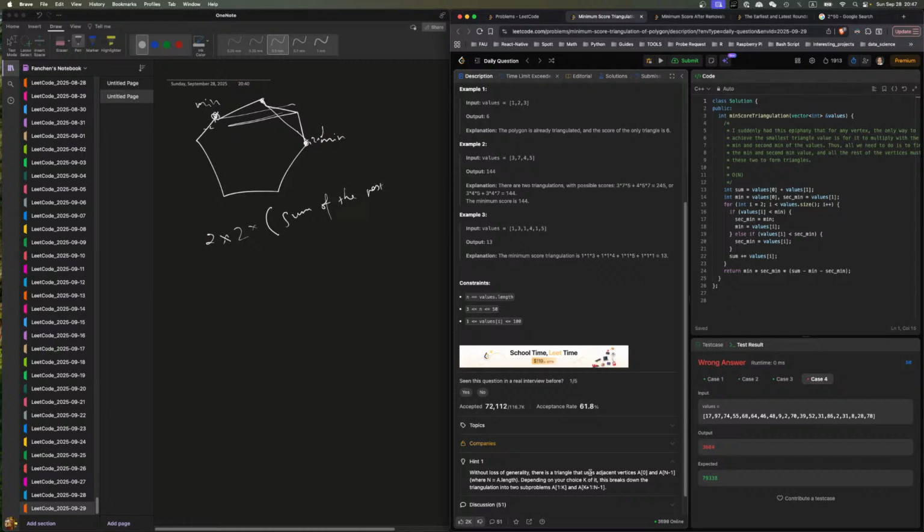So it's like divide and conquer. There is a triangle that uses adjacent vertices A0 and A N minus 1.